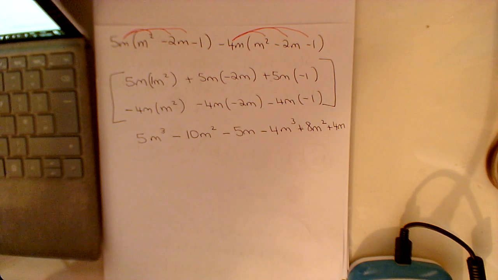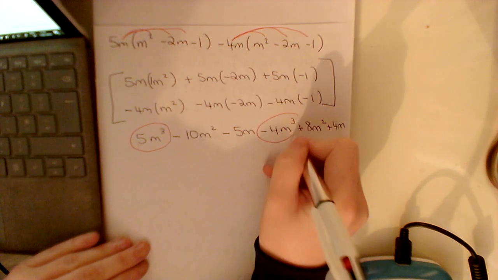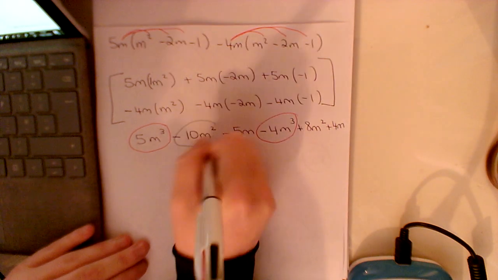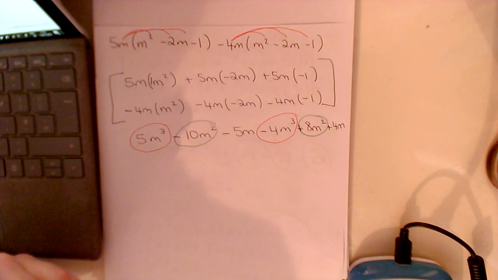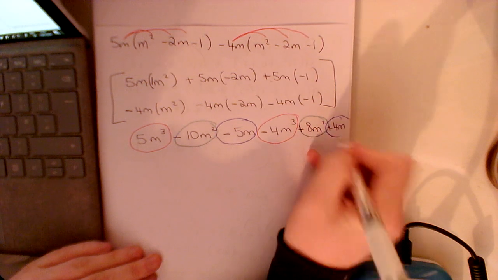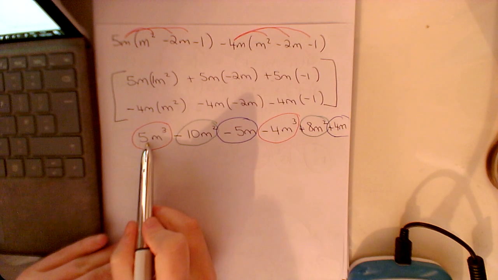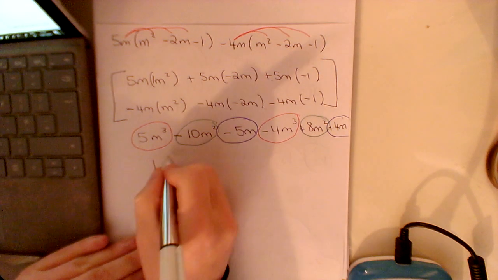Now I have here my 5m cubed minus my 4m cubed, and then I circle my m squareds, and then finally I circle my m's. You need to be careful with signs in this question. Right, so this here, I have 5m cubed minus 4m cubed. I'm left with 1m cubed, sorry.